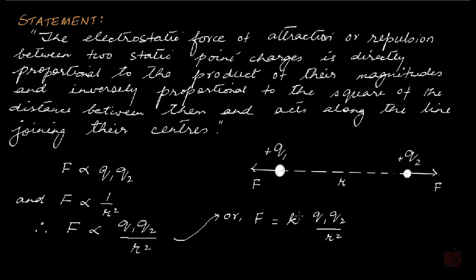What is K here? K is a constant of proportionality. Or you have F is equal to 1 by 4 pi epsilon naught Q1 Q2 by R square.